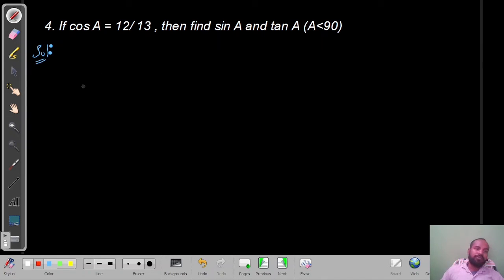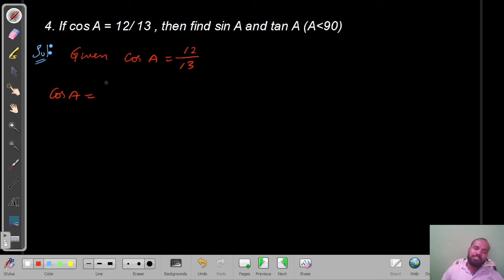So first, what is given here? Cos A is given, cos A is 12 by 13. Okay, so this is the only thing given to us, right? Now we know the cos formula, right?